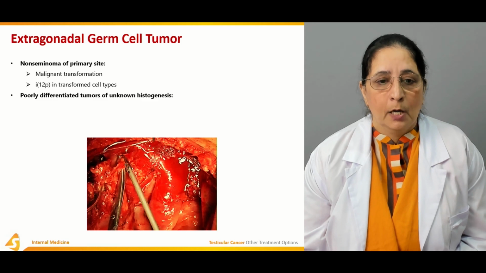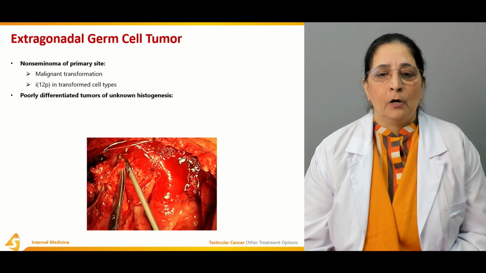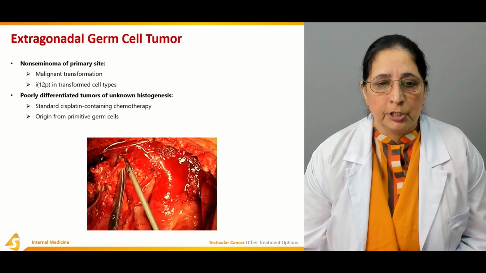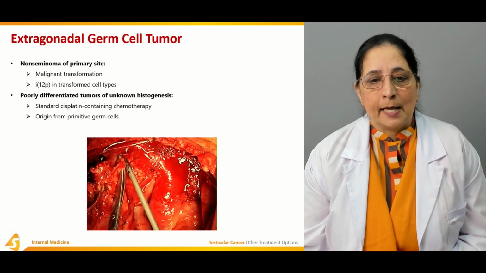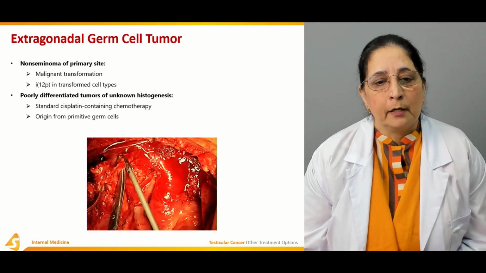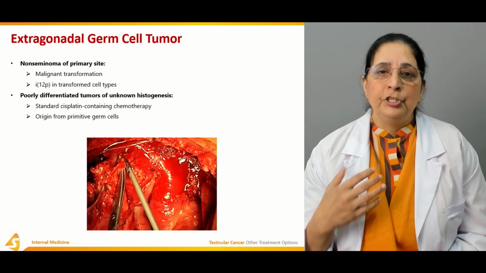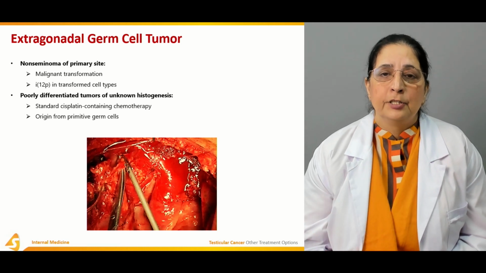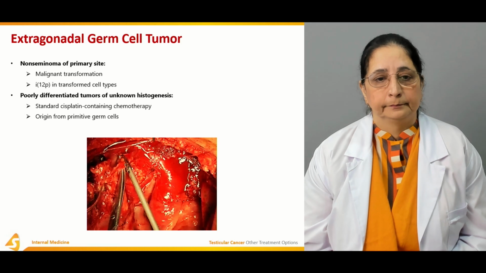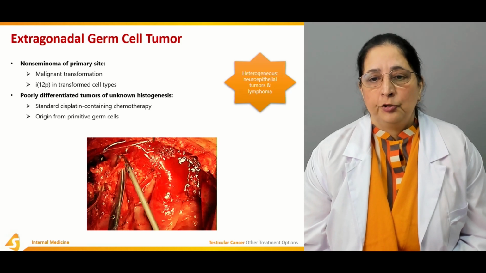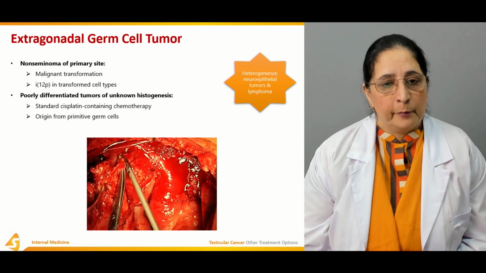Poorly differentiated tumors of unknown histology get standard cisplatin-containing chemotherapy, and the origin is from primitive germ cells. Heterogeneous neuroepithelial tumors and lymphomas can also occur.